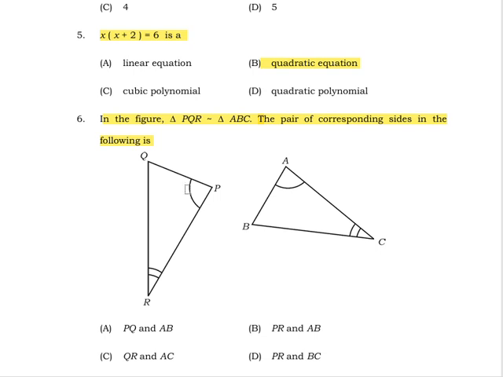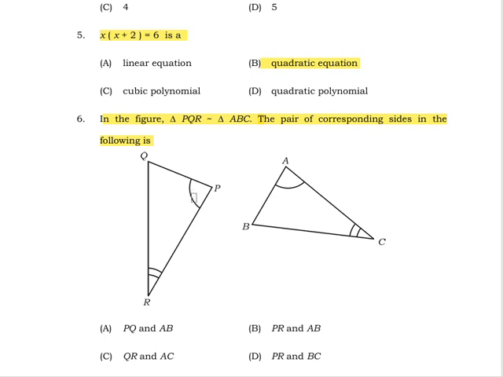So here observe the figure. Here the angle P corresponds to the angle A. When these two triangles are similar, the corresponding sides are equal, as well as the corresponding angles are equal. Angle P is equals to angle A, angle R is equals to angle C, and angle Q is equals to angle B. So these are the corresponding angles. But here the corresponding sides in the following is.